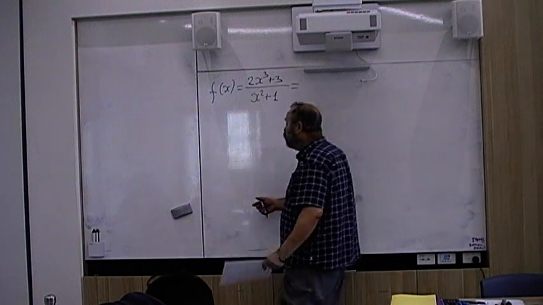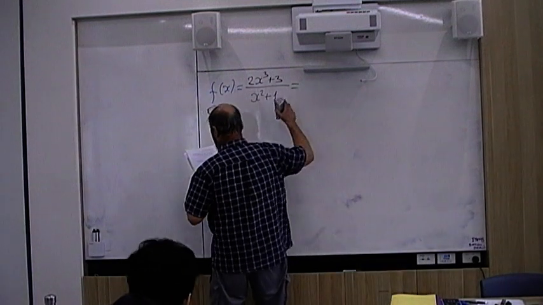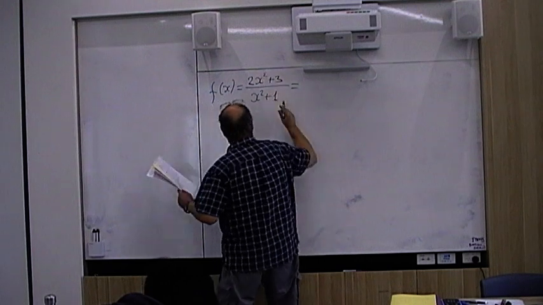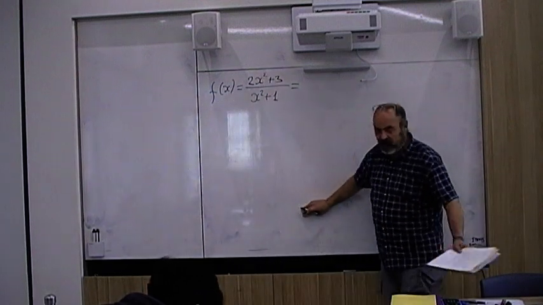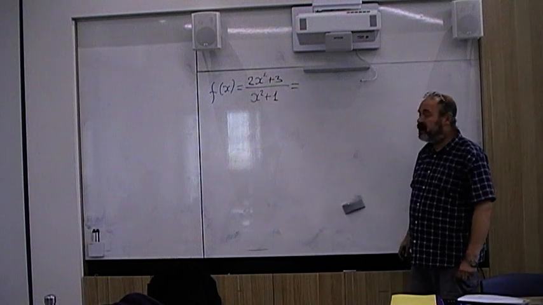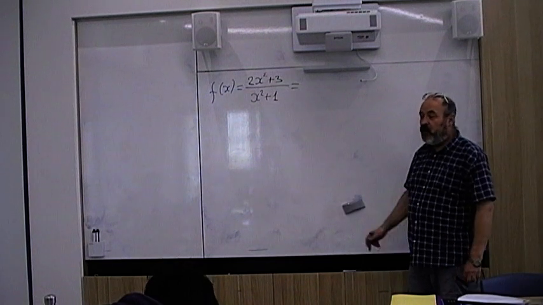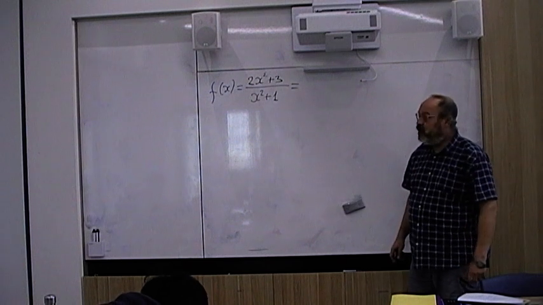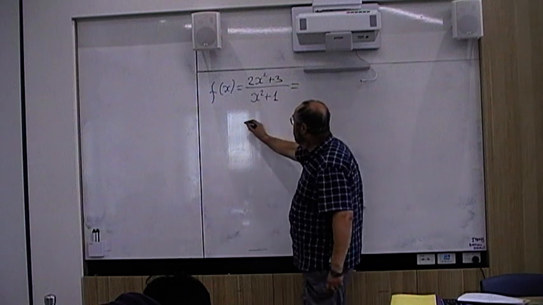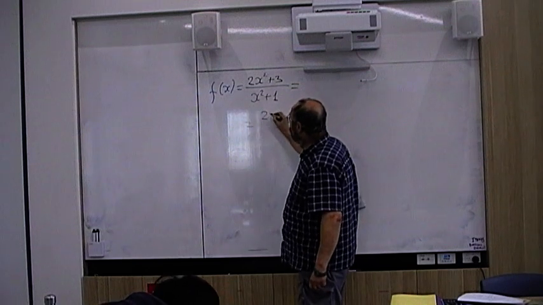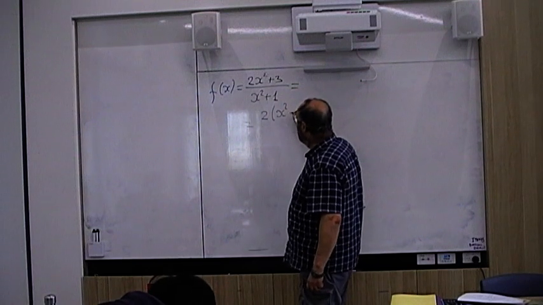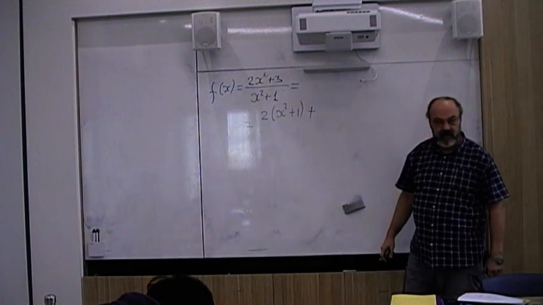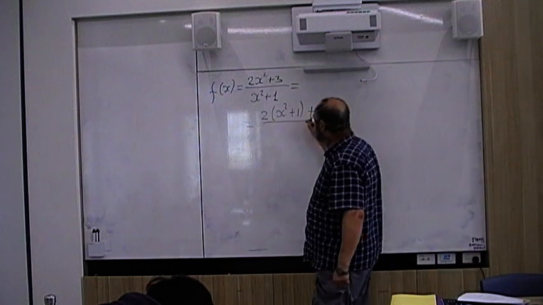Sorry, x squared. I wanted 2x squared plus 3 over x squared plus 1. How do we simplify? The easiest way is to write the numerator as 2 times x squared plus 1, divided by x squared plus 1.